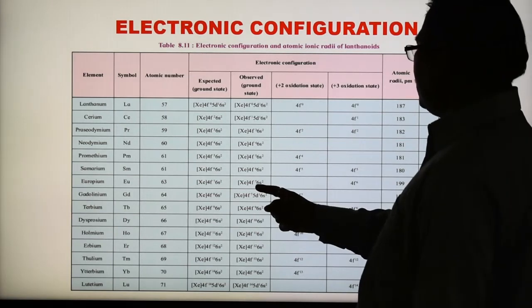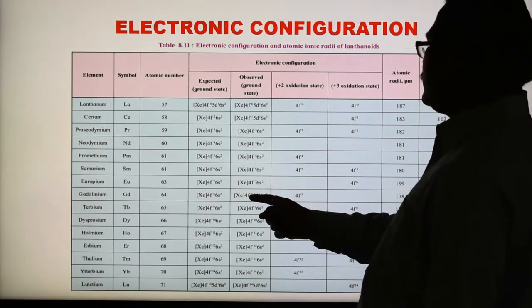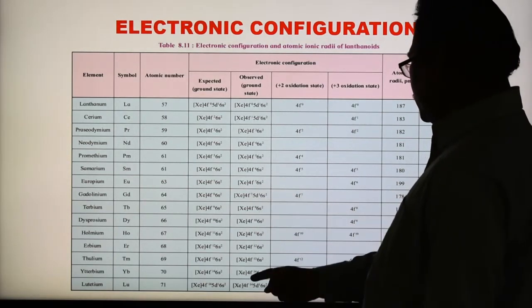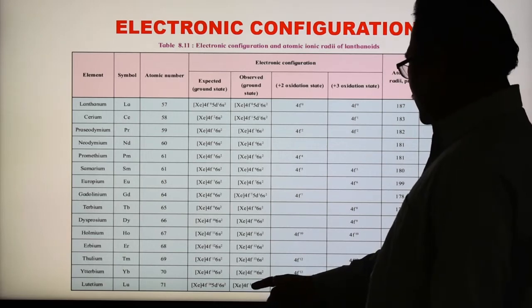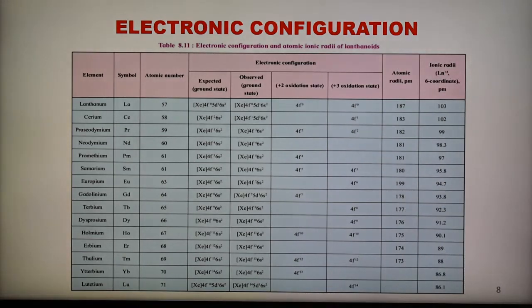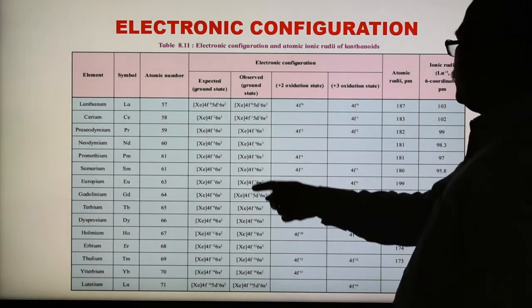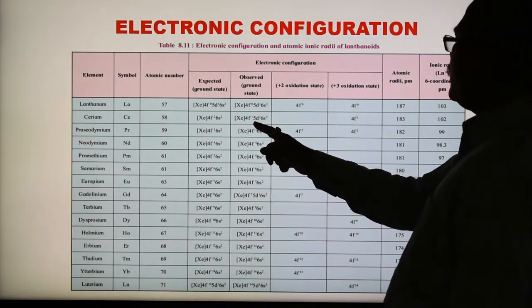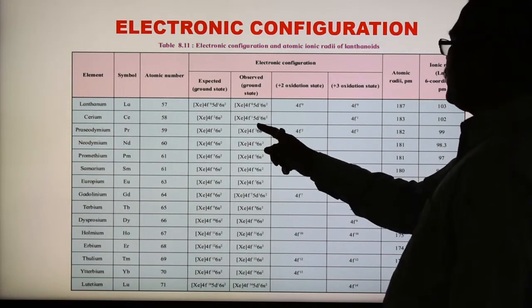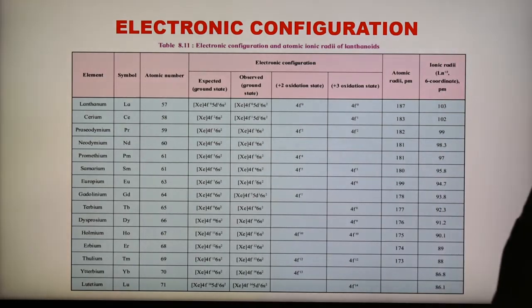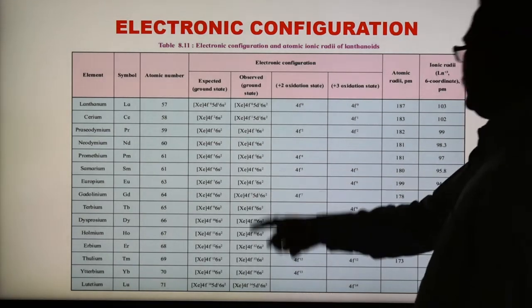This is 4f7, and again this is also 4f7, because this is the stable configuration. Here 4f14 and also 4f14. As we know, half-filled and completely filled orbitals are more stable. So after lanthanum and cerium, the incoming electron does not go to 5d but goes to 4f, and therefore 5d is not shown here.